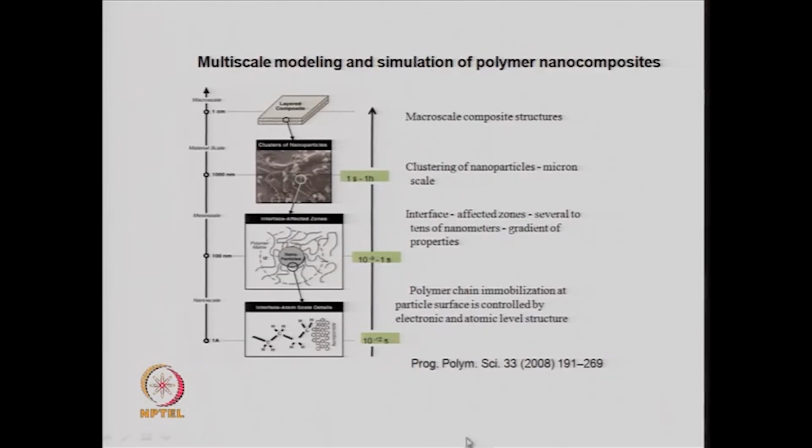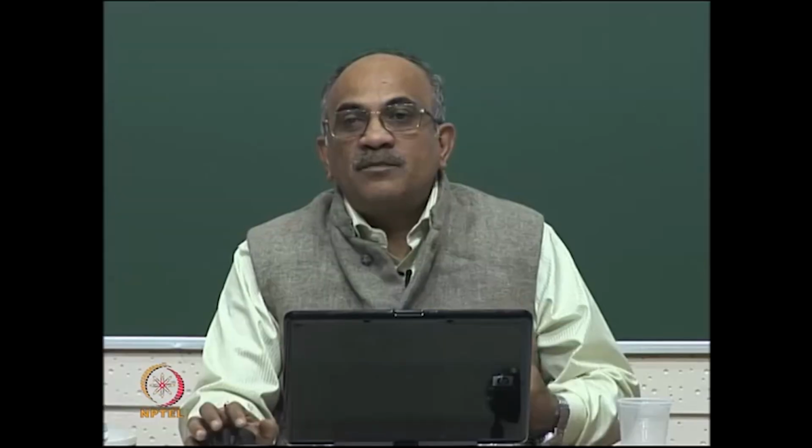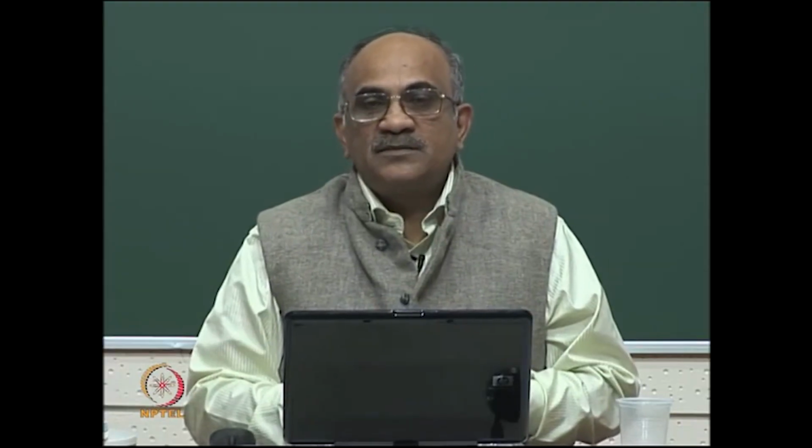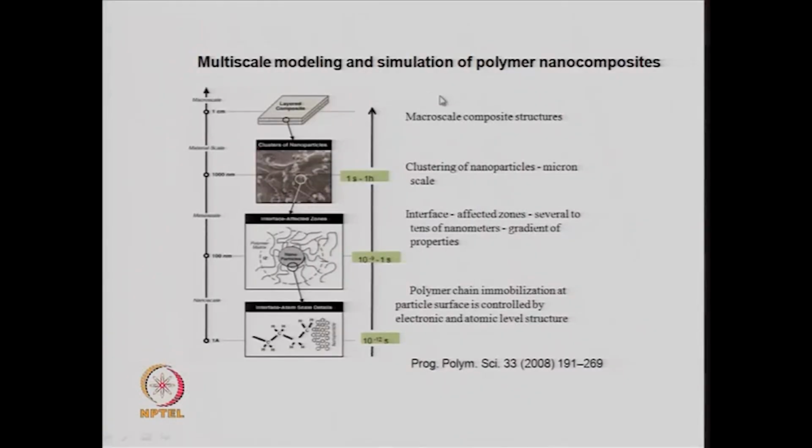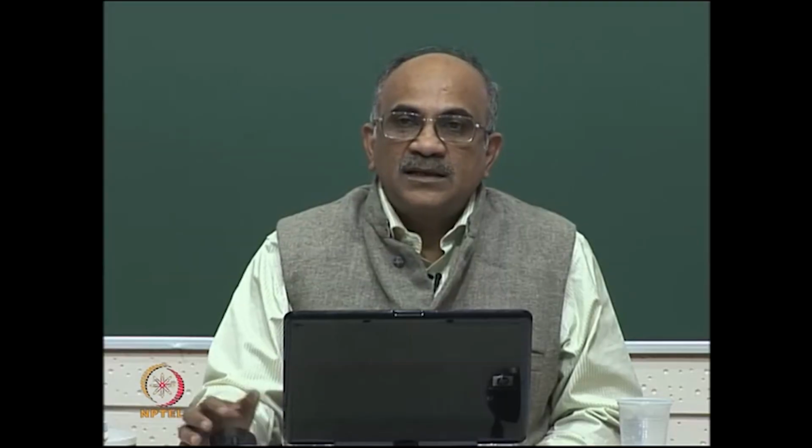And then if you do a simulation at these length scales, then you do multi-scale modeling and you can come up with some final properties which these polymer nanocomposites will have. This is an area of a lot of interest in current computational materials science.